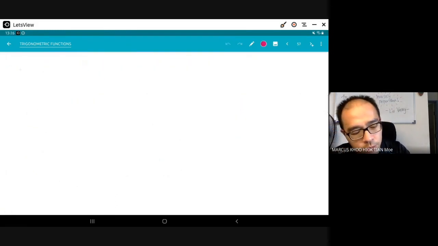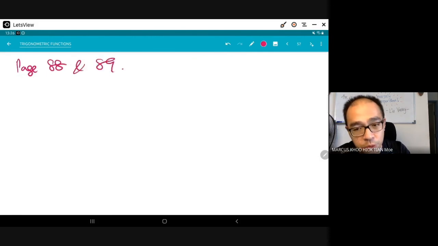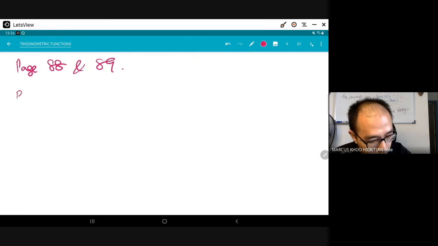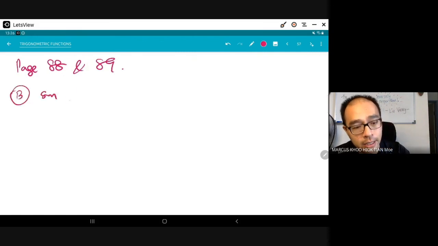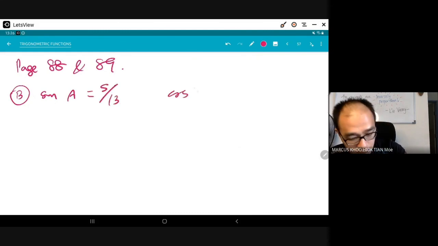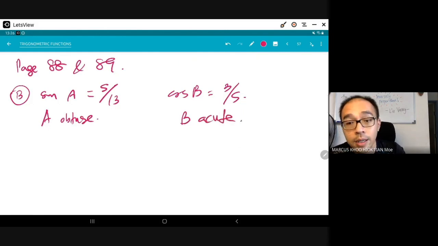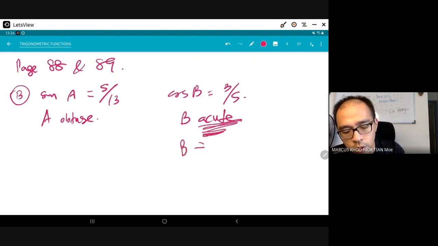In your workbook, pages 88 and 89. I just want to mention something. In question B, it says sin A is 5/13 and cos B is 3/5. And then it says that A is obtuse, B is acute. B is acute tells us only one thing: B is in which quadrant?